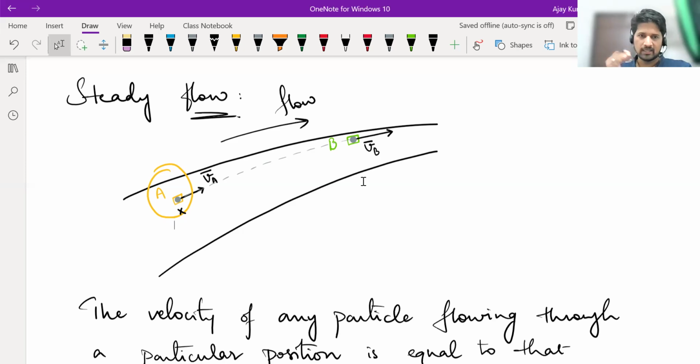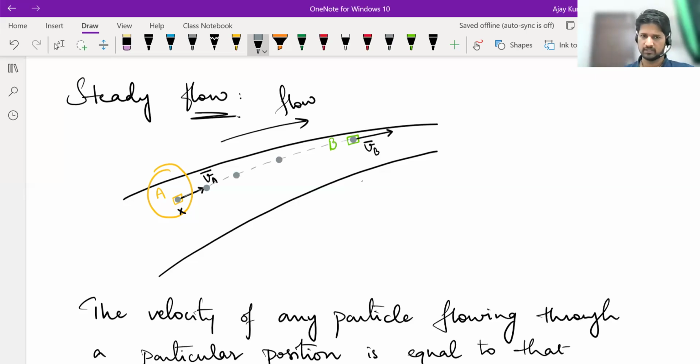Okay. Now what happens if that property is obeyed? Now see, this particle X has a velocity VA when it is at A. With that velocity, it will go to the next position. At the next position, there may be some other velocity. With that velocity, it will go to another position, another position, and so on.